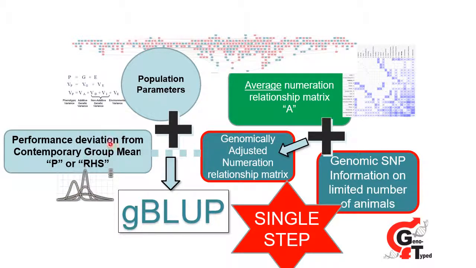And you still have your outside sources, plus your population parameters, and that will then give you a GEBV that you can then utilize in your selection process.